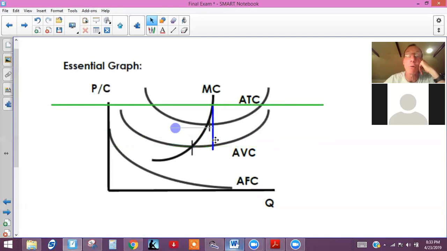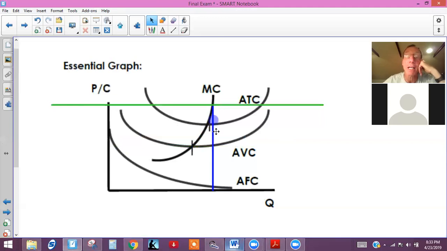So they're going to raise their output up to here, and they're going to stay in business because the market price is above the firm's average total cost. So this is their profit.